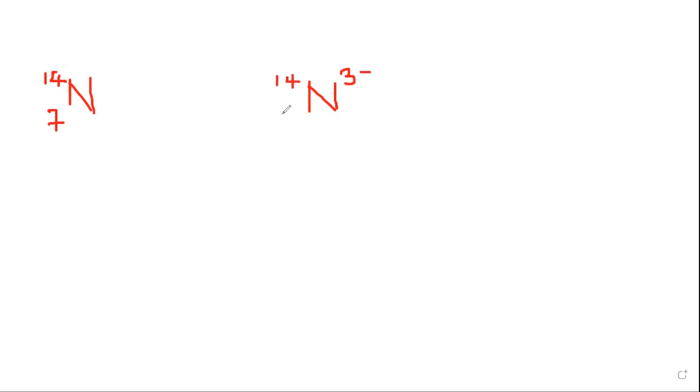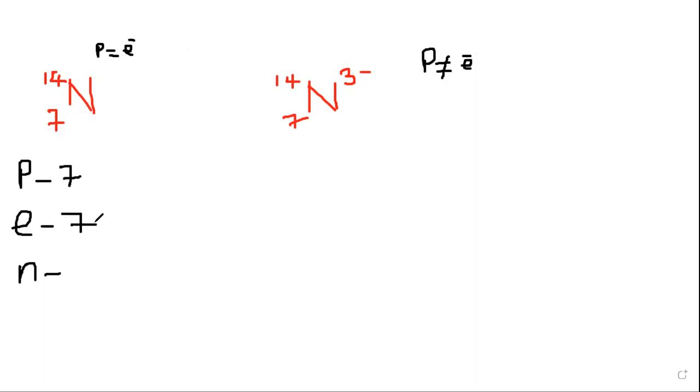When we look at the PEN of the two, in an atom, remember, the P is always equal to the E. But in an ion, the P is not equal to the E. It's either there is a gain or there is a loss. So this becomes 7, this becomes 7. The neutron number, remember, you get the mass number, you subtract the proton number, and you get 7.